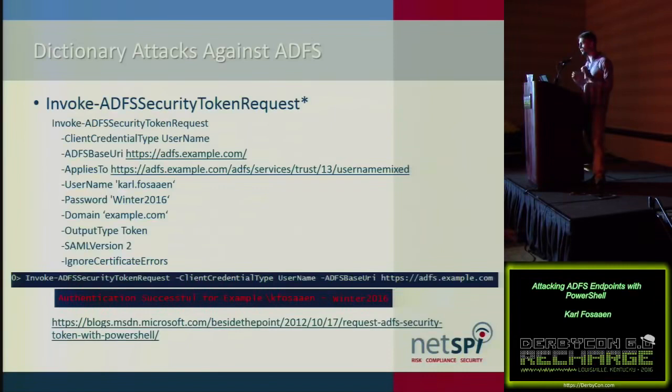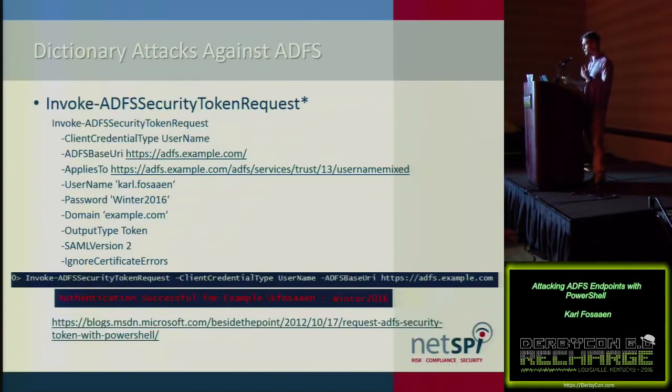The really tricky part here is you have to have the correct username. I don't know how many of you have been in environments where they rename the Active Directory accounts from Fosaaen to A123456. If I wanted to authenticate as somebody that was like that, I would have to have that A123456.